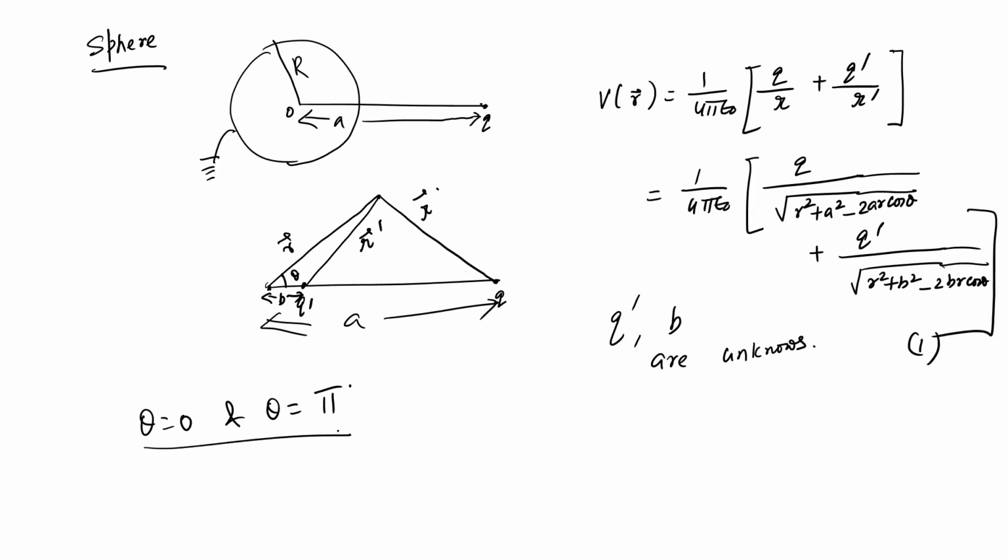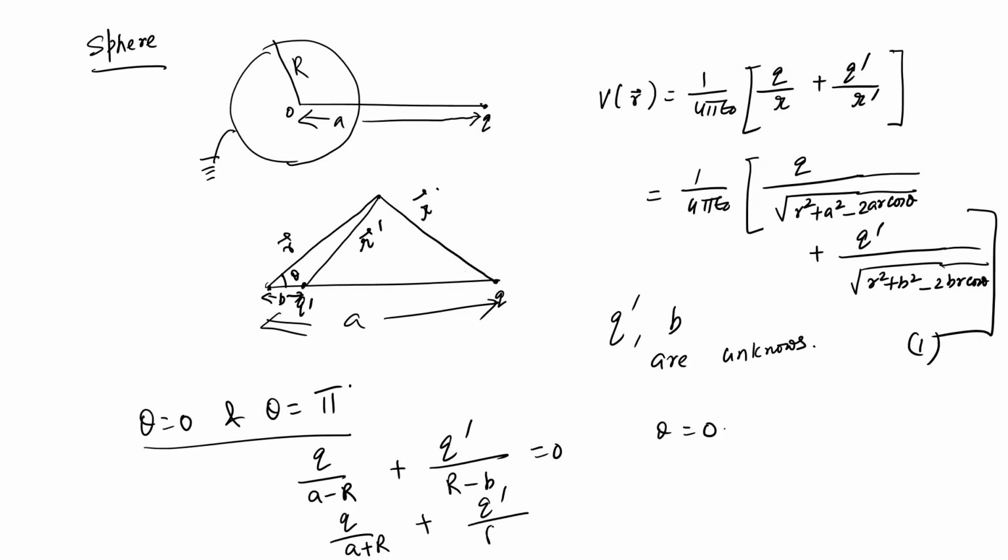So, if you take these two values, then q divided by a minus R plus q prime divided by R minus b is equal to 0. This is for theta equal to 0, and we also have q divided by a plus R plus q prime divided by R plus b equal to 0 as well. This is for theta equal to pi.